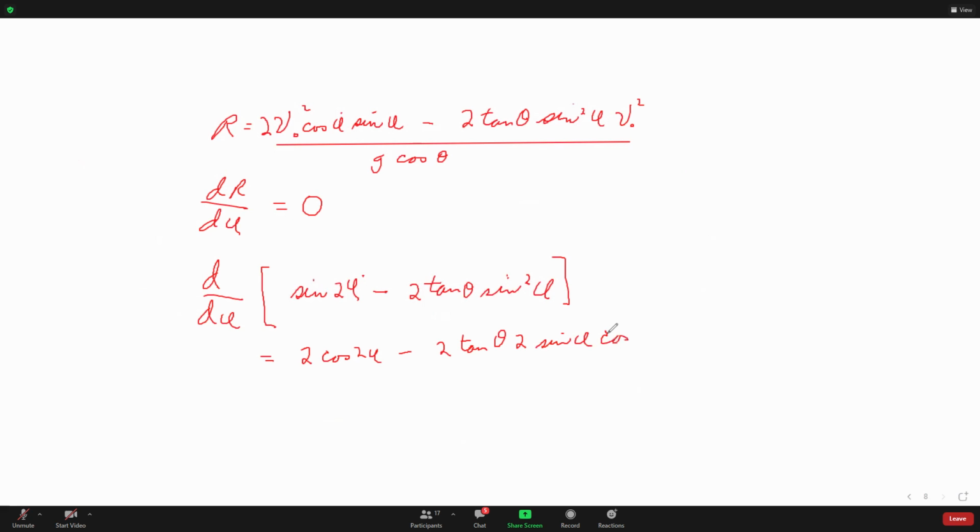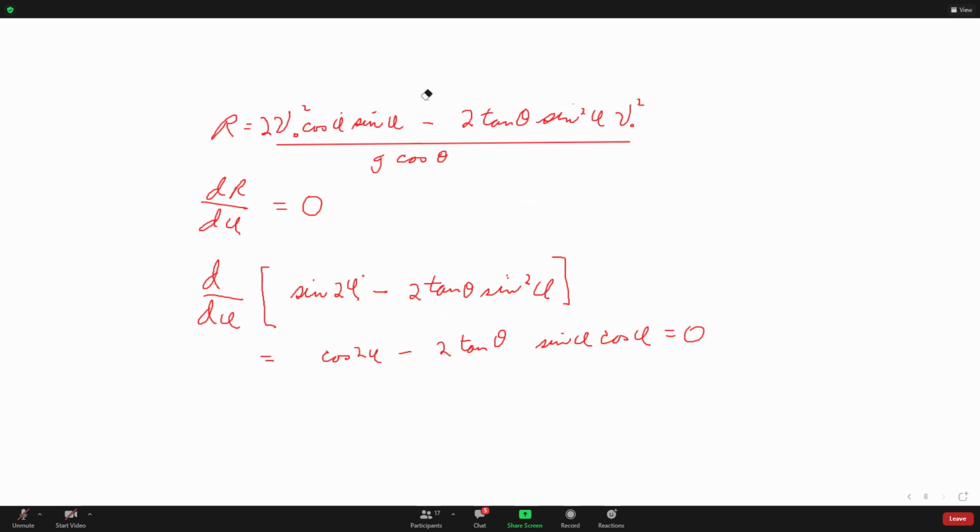Okay. And we can set this equal to 0, and we can cancel out the 2's. So get rid of this one.